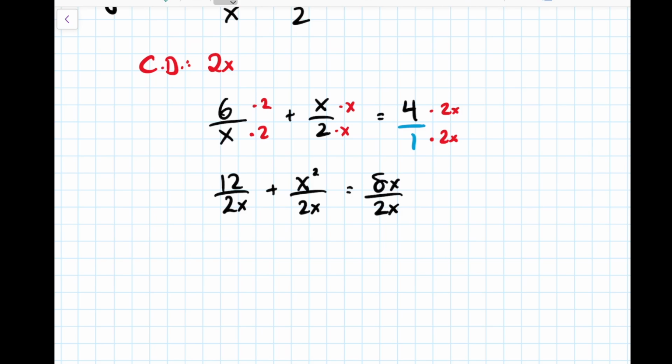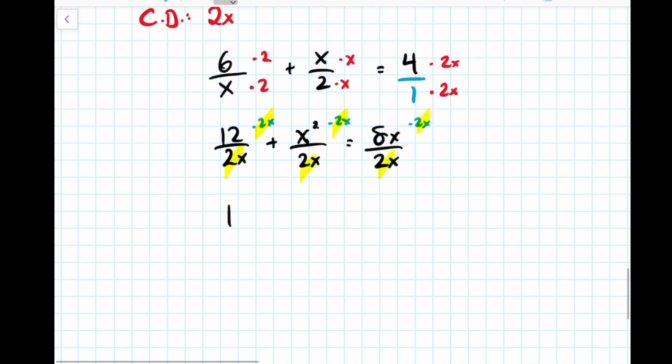Now that all of my terms have the common denominator, I can multiply everything by 2x. And all of those 2x's are just going to cancel each other out. And so what we're left with is 12 plus x squared equals 8x.